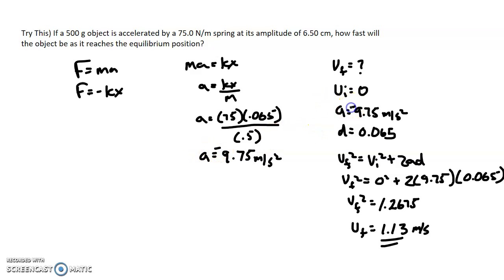It won't make too much of a difference here because the displacement and acceleration are actually in the same direction here. And so what you wind up with is using Vf squared is equal to Vi squared plus 2ad. Find that the final velocity is 1.13 meters per second.